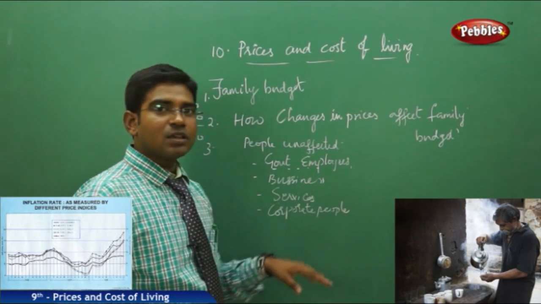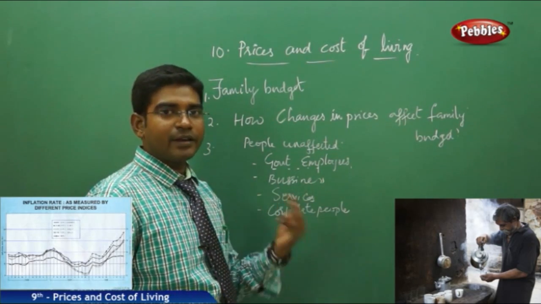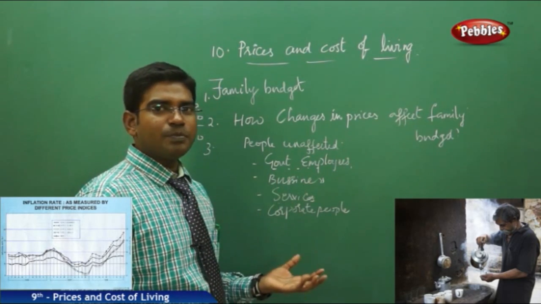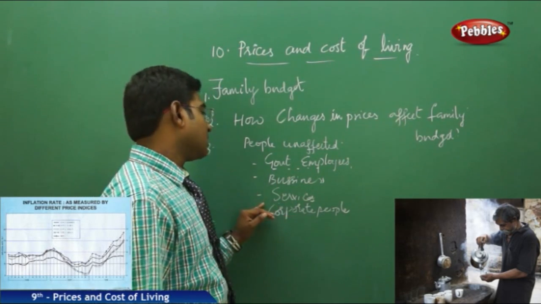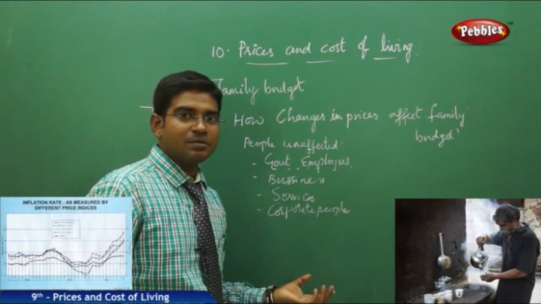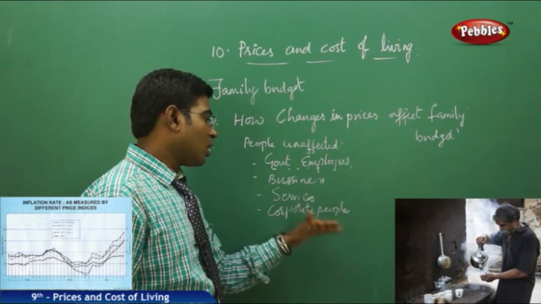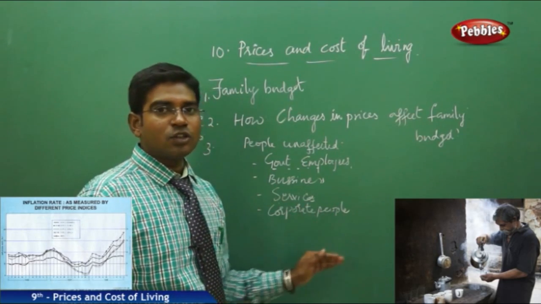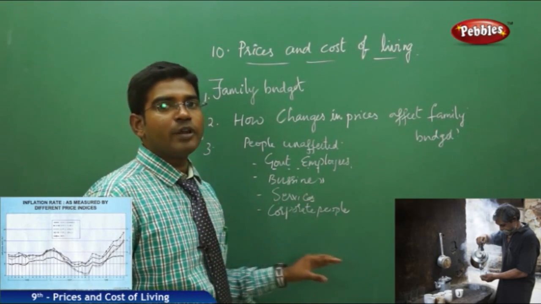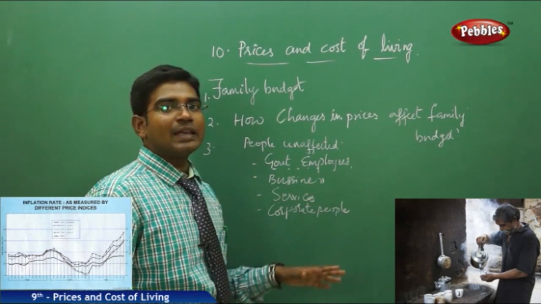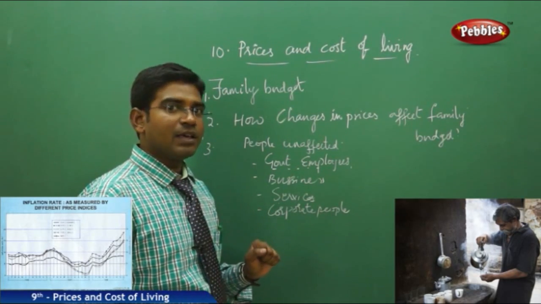Then the washermen, hairdressers, shoemakers, shoe polishers, and different kinds of people who perform services for us take extra charge from the customers, so they don't have much effect. And the corporate people, who are paid handsome salaries, don't even bother much about the price hikes.